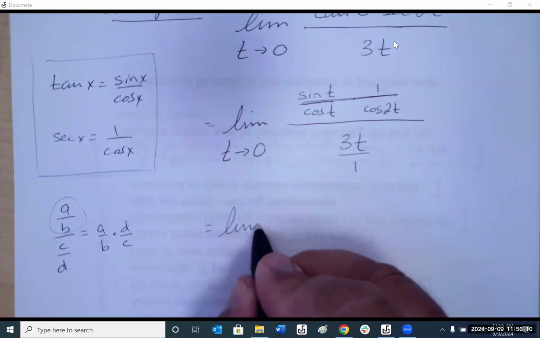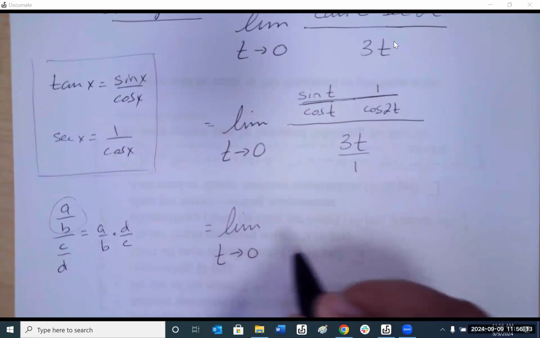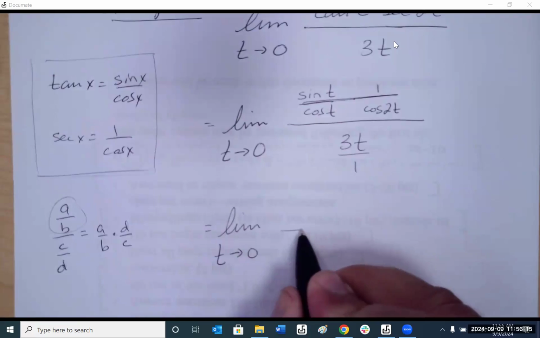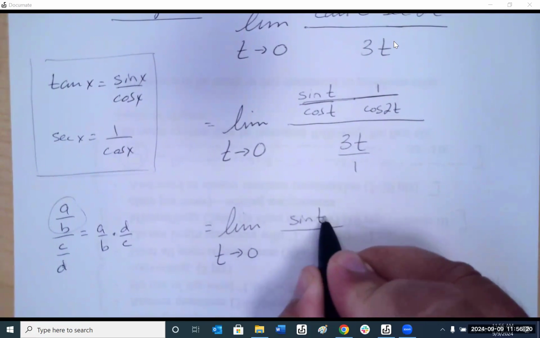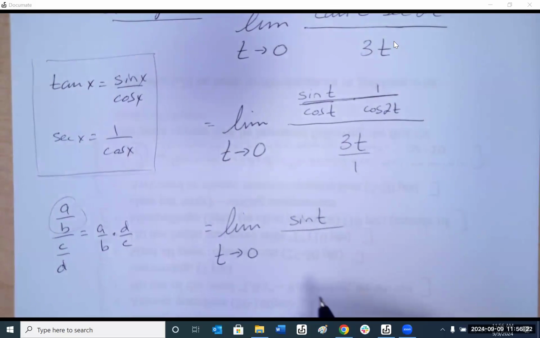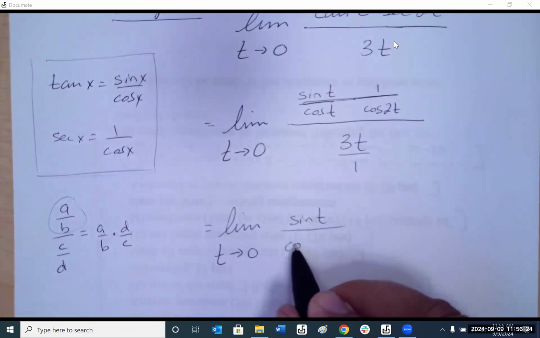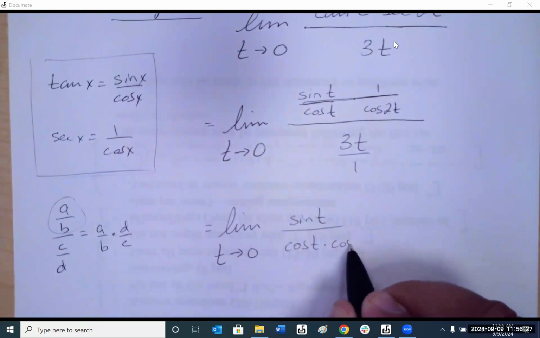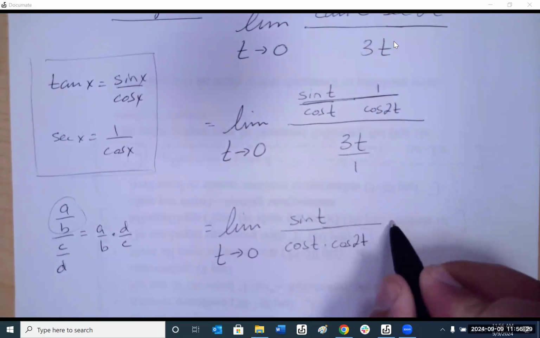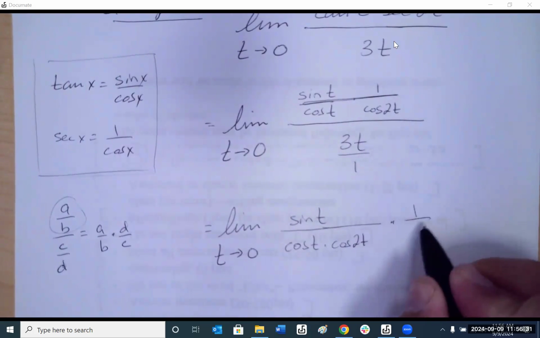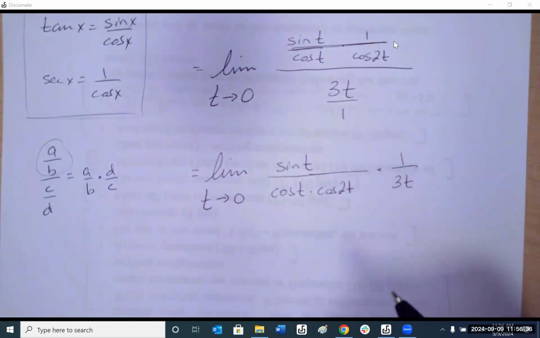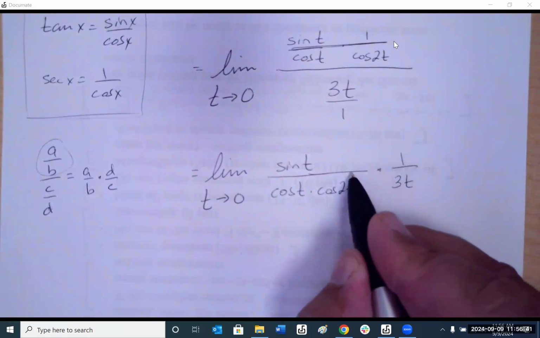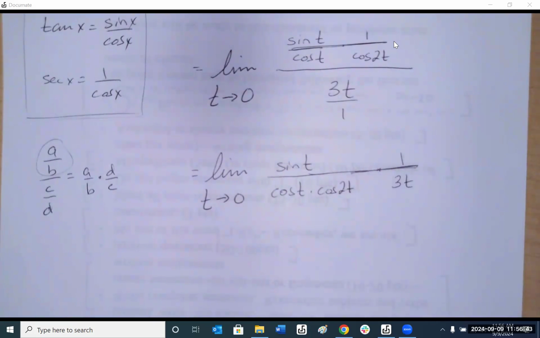So the limit as t approaches 0 of sine t times 1 over cosine t times 1 over cosine 2t times the flip of this one, 1 over 3t. This is one long equation, so it's multiplied.